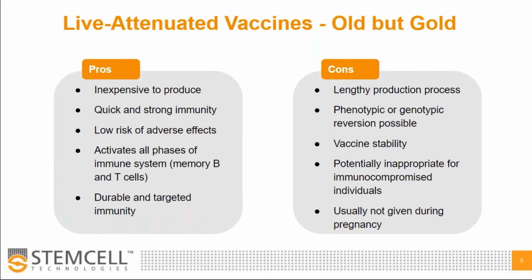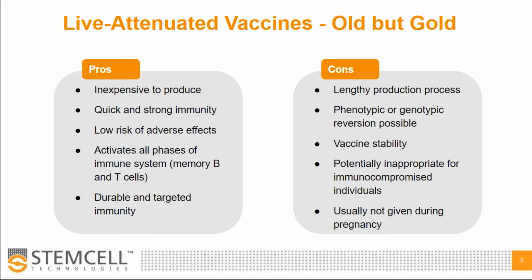Live-attenuated vaccines, which are the topic of this journal club today, have been around for a very long time, but they are still often used as the method of choice for vaccine development because they have several very important advantages. They are very inexpensive to produce, and they can induce a quick and strong immunity.